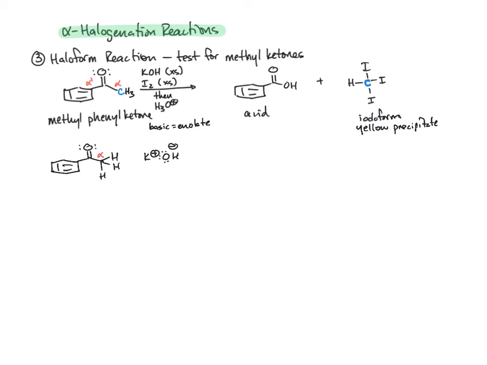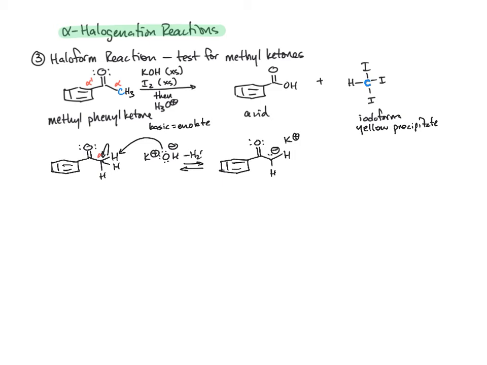That's a base. The base is abstracting a proton from the alpha carbon. That's depositing the negative charge on the alpha carbon. We have our potassium counterion.